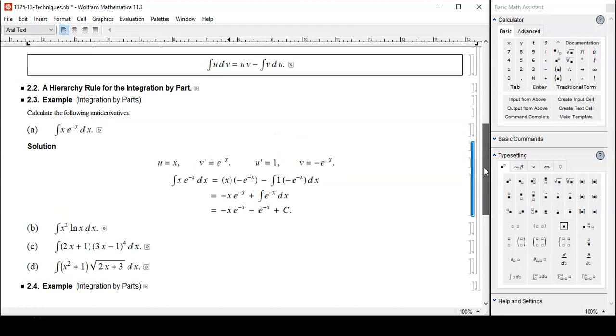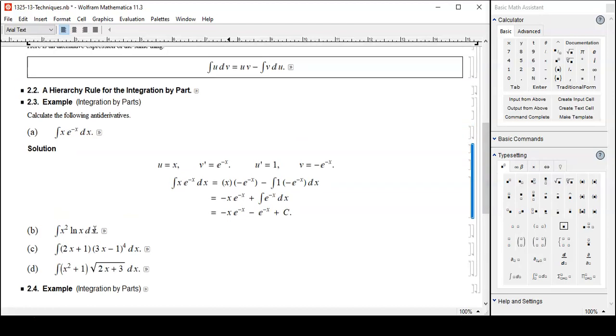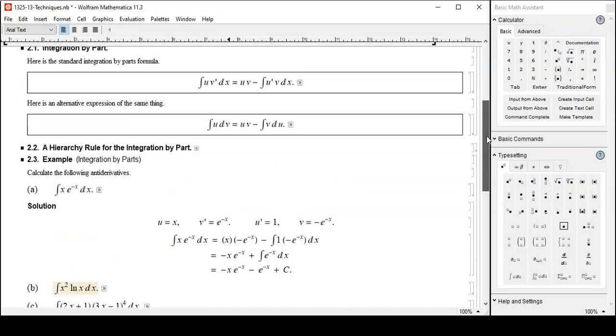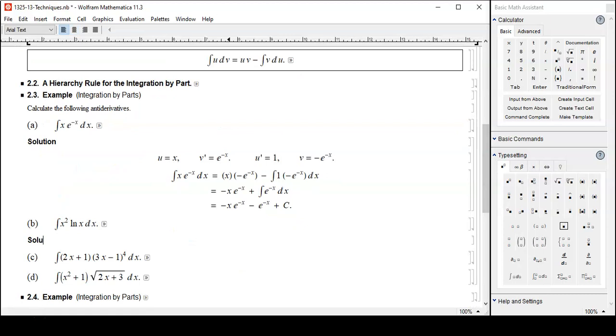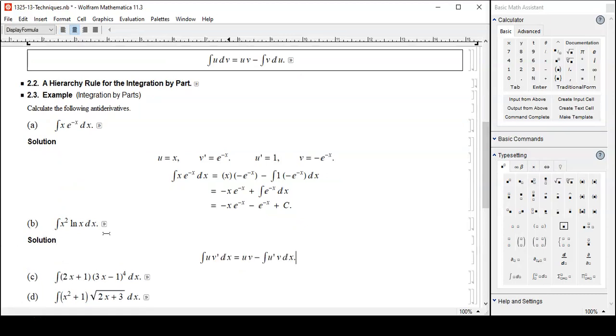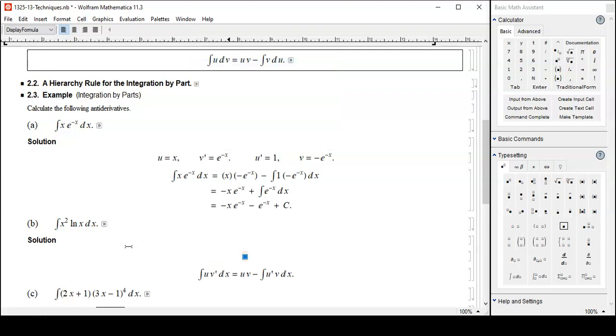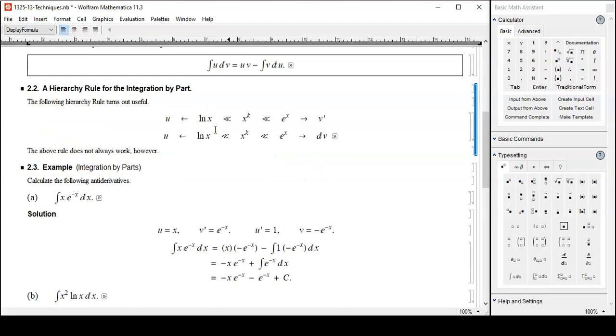Let's do it one more time. This time, let's do it this way. Okay, here's the integration by parts formula. And then, let's see. We have x squared and log of x. According to the hierarchy table, the log function has a higher tendency to become u.